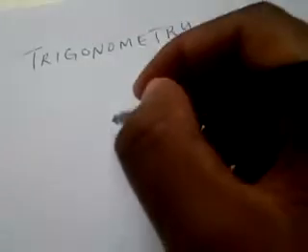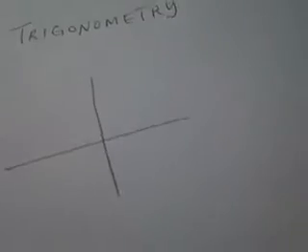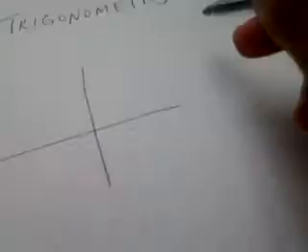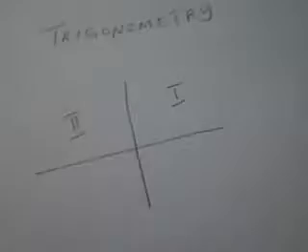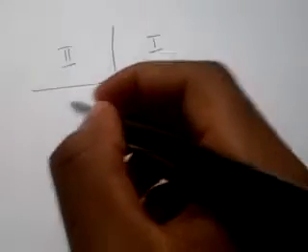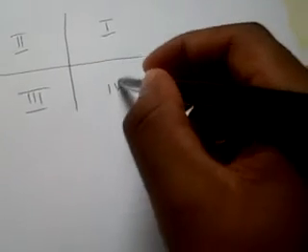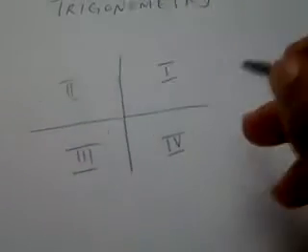So let's start here. In order for you to understand trigonometry, this is the very basic. We call these four parts quadrants. So this would be quadrant 1, this would be quadrant 2, this would be quadrant 3, and this would be quadrant 4. So we have four quadrants.